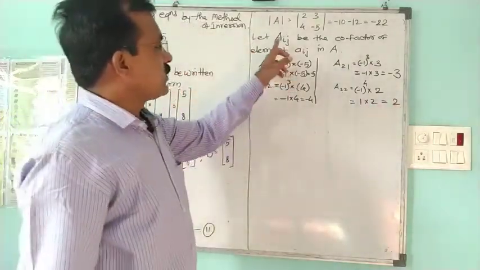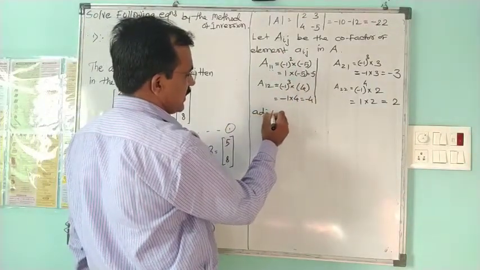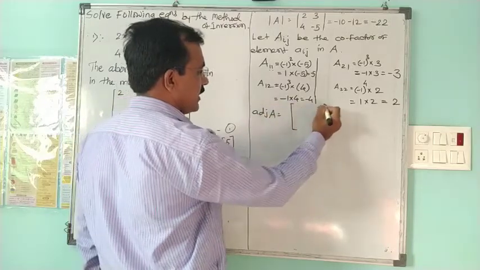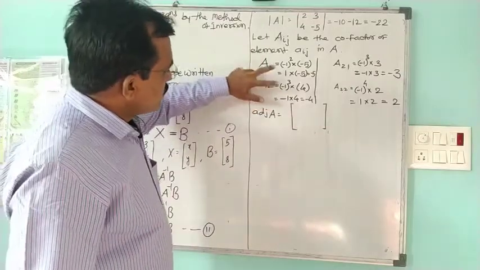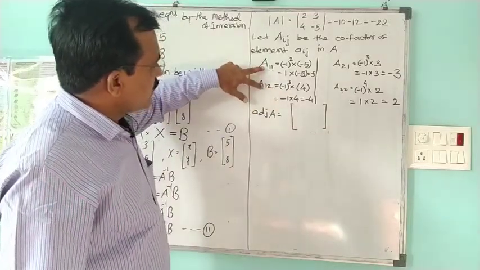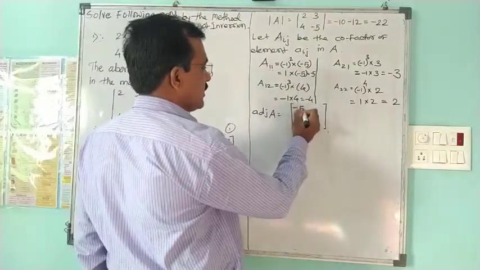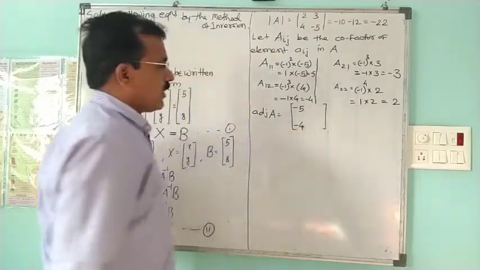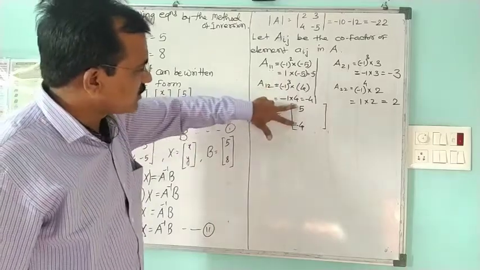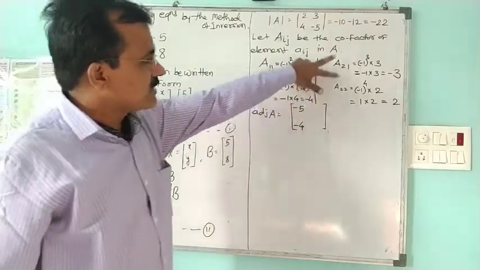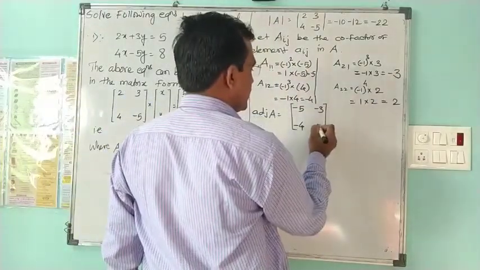Now to get the adjoint of a matrix, we require these 4 cofactors. So adjoint of A can be directly evaluated using these cofactors. Use the first two values A11 and A12, that is minus 5 and minus 4, in the first column. Then the next two numbers, minus 3 and 2, in the second column.